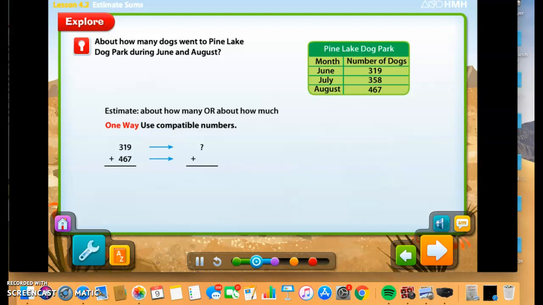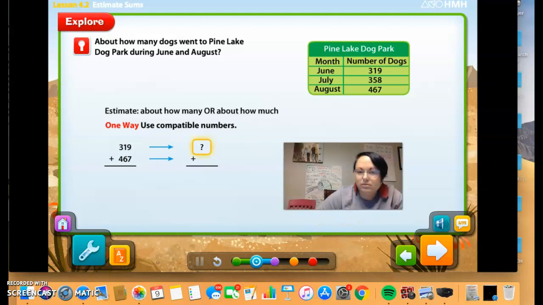What number that is easy to compute is close to 319? Okay, so we could come over here and do 319 plus 467. This is stuff you guys have been doing on your calendar math every day.